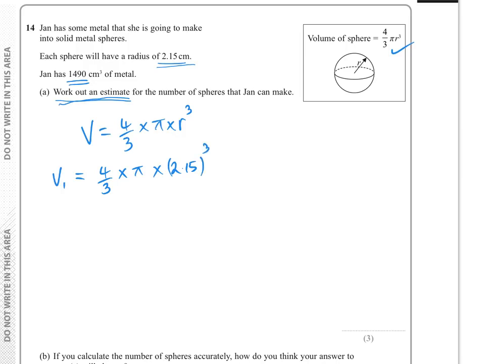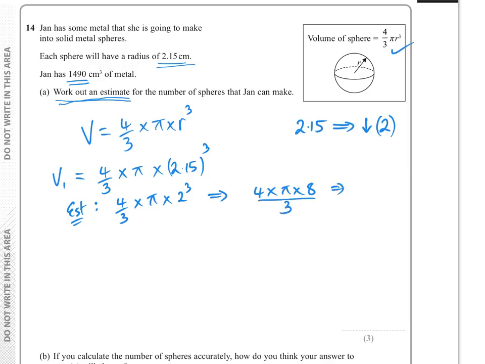And what I'm going to do is I'm going to take the 2.15 and I'm going to round it down to 2, and I'm going to use that. So my estimate here is going to be the volume of one of them is 4/3 times pi times 2 cubed, which gives me 4 times pi times 8 all over 3, which is 32 pi divided by 3.